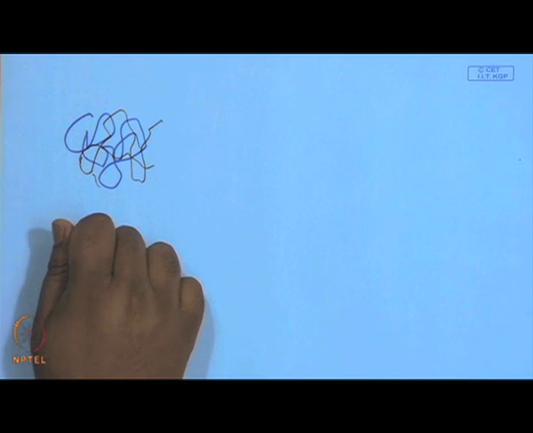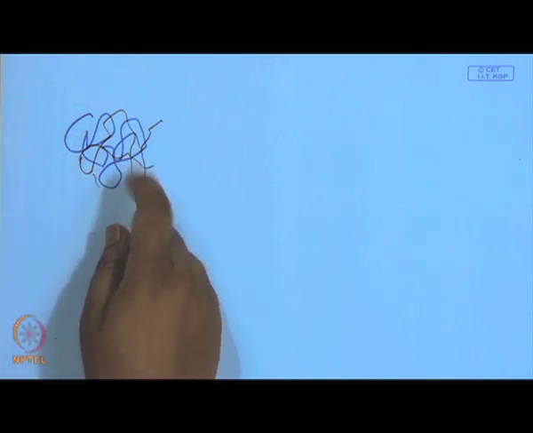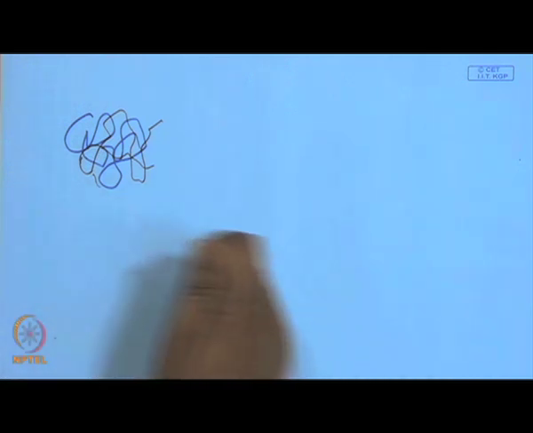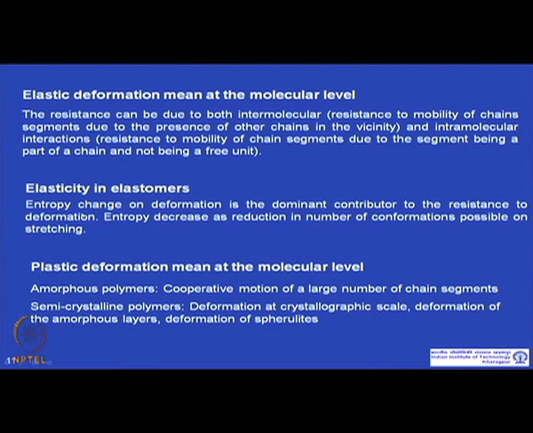If you stretch and deform it, these conformational entropies are lost. When you release the stress, to gain that conformational entropy back, it returns to its original state. So entropy change on deformation is the dominant contribution to the resistance to deformation in an elastic material.